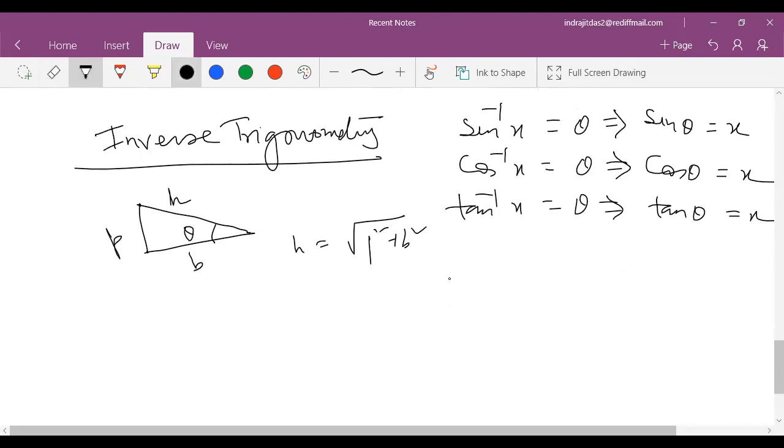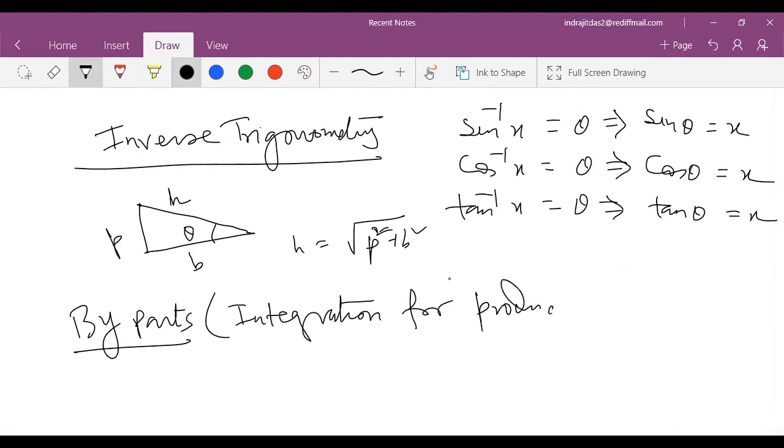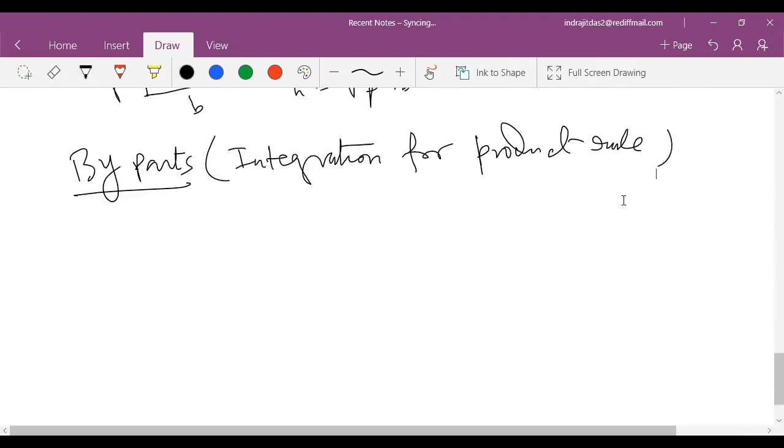But before that, one more thought I would like to share, that is integration by parts, the product rule for integration. Product rule means two functions are different and we have a product rule for integration, and that is the integral of uv.